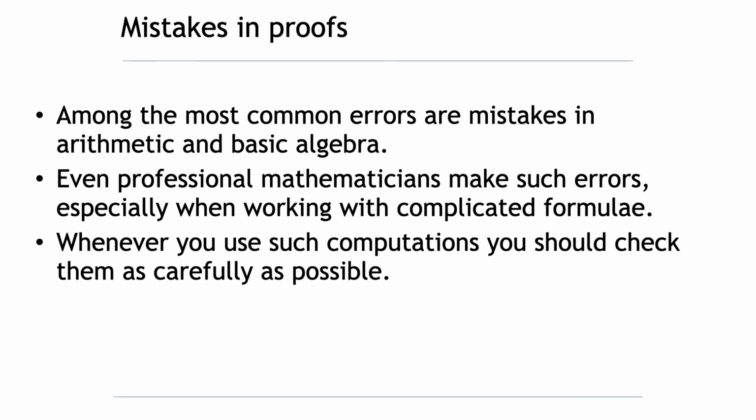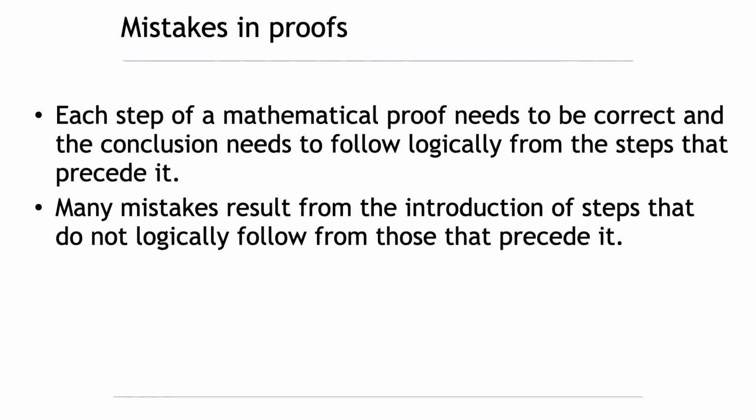Whenever you use such computations, you should check them as carefully as possible. Each step of a mathematical proof needs to be correct, and the conclusion needs to follow logically from the steps that precede it. Many mistakes result from the introduction of steps that do not logically follow from those that precede it.